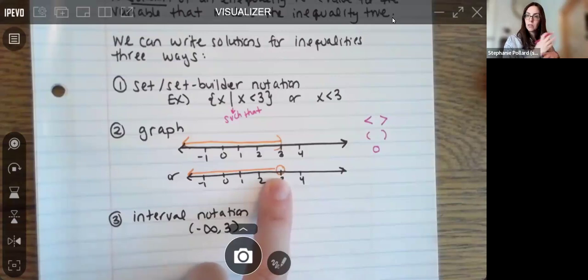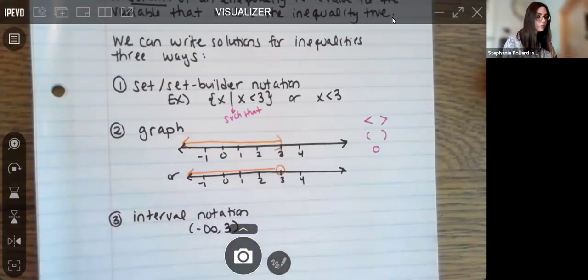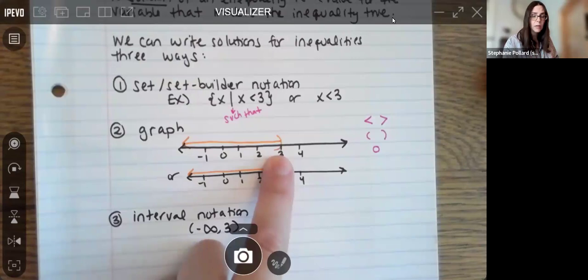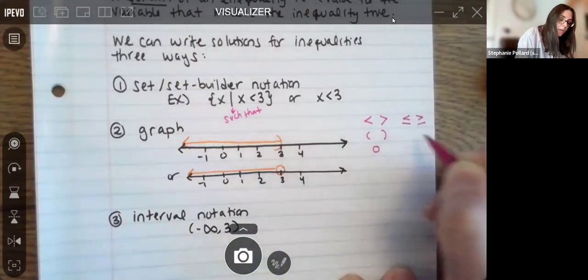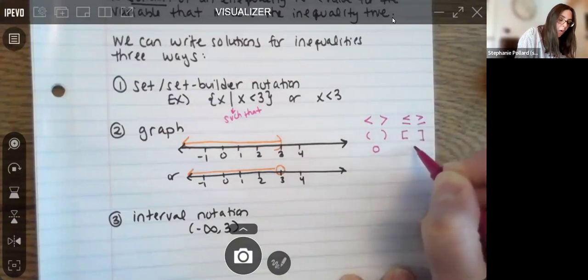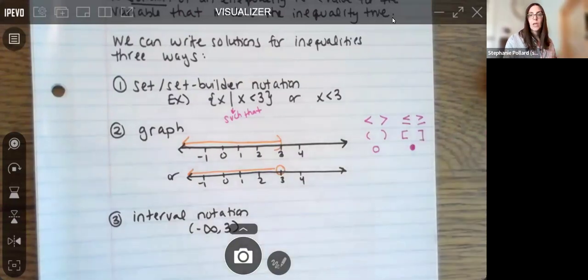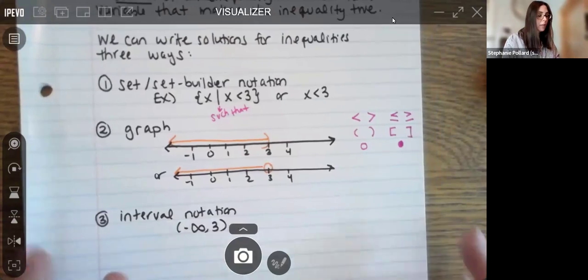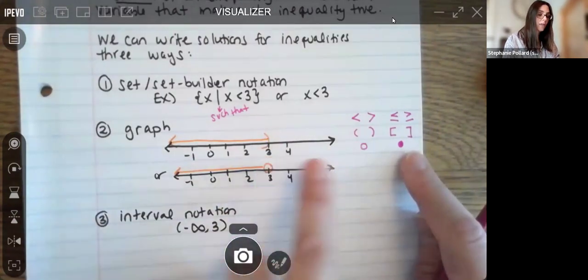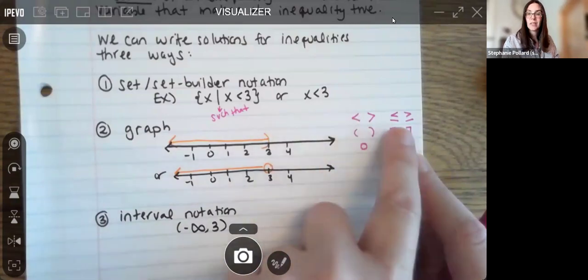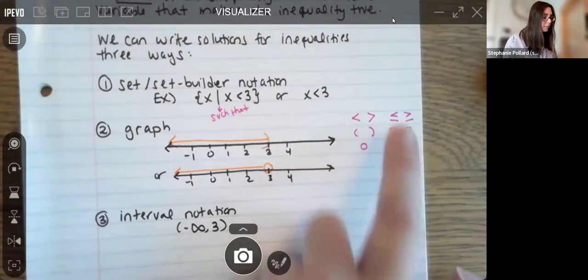We do use it sometimes in a full plane, but we tend to like parentheses better. Or if you have less than or equal to or greater than or equal to, we use a bracket instead or a closed circle at the end. So we do distinguish with the point at the end. And that lets the reader know if it's strictly less than or greater than, or if there's an equality possibility.